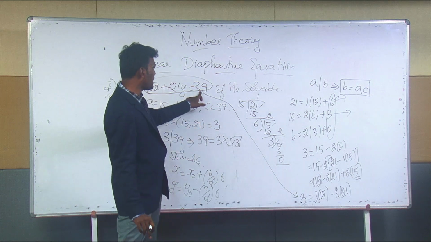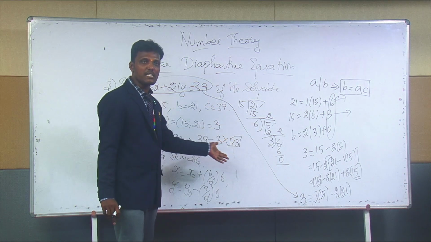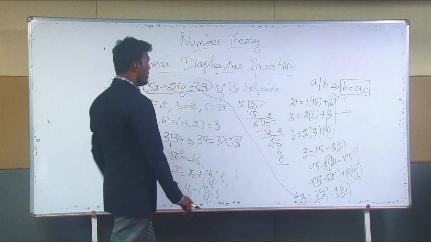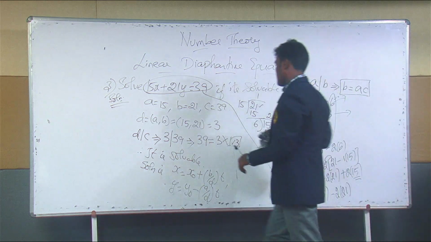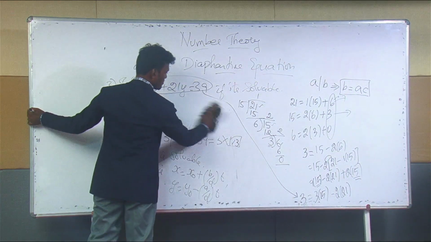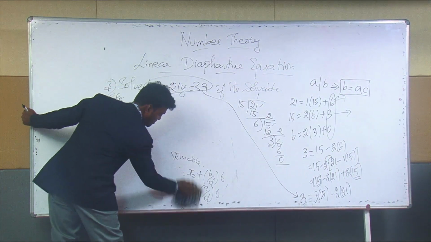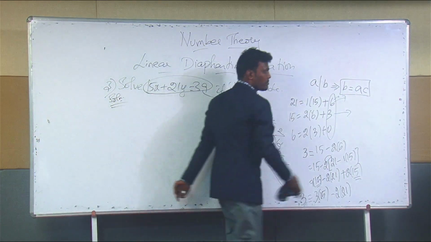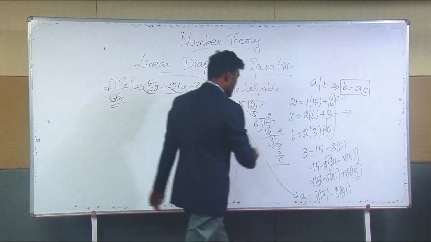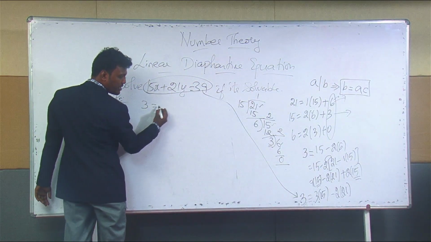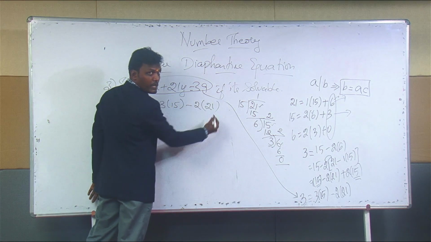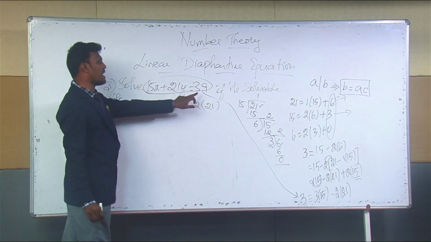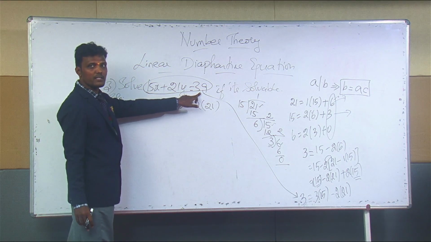To get the value 39, we have to multiply throughout by 13 on both sides. So I am writing the expression 3 as 3 into 15 minus 2 into 21. So we have to get the value as 39. How to find the 39 value?